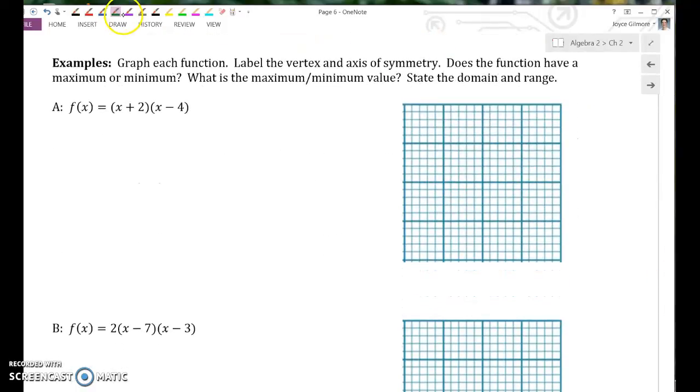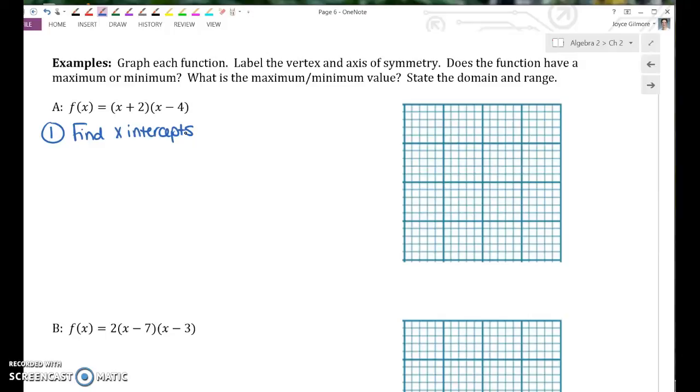All right, I am going to color code as we do this. So if you are a visual color coding type of a person, this should be helpful for you. Our first step, because this is intercept form, is to identify or find your x-intercepts. You can either think of putting the parentheses equal to 0, or just think about the opposite of whatever's in the parentheses.